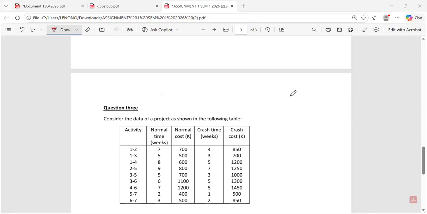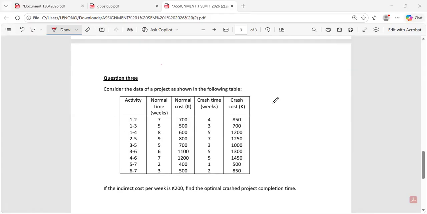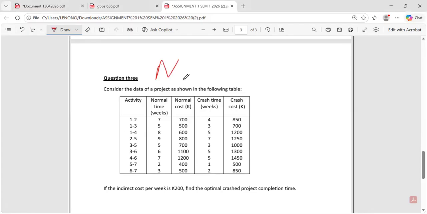Okay, now we get into what we call networking. So what is networking? We will look at what we call network crashing.